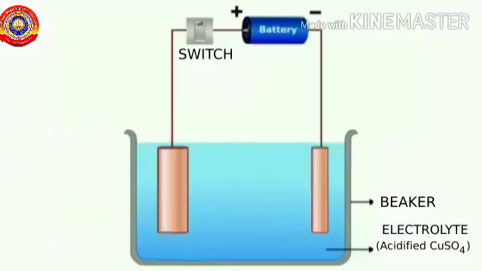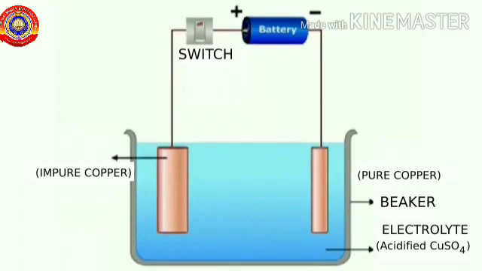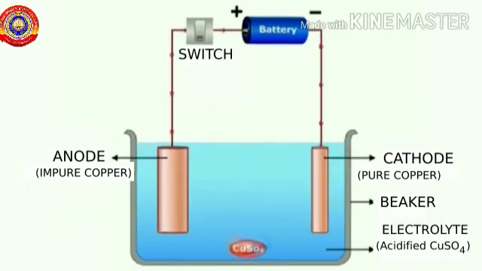In the electrolytic refining of copper, acidified copper sulfate is used as the electrolyte. In this process, the impure copper block is used as anode and the thin pure copper is considered as the cathode. When electricity is passed through the electrolyte, copper sulfate dissociates into copper ions and sulfate ions.